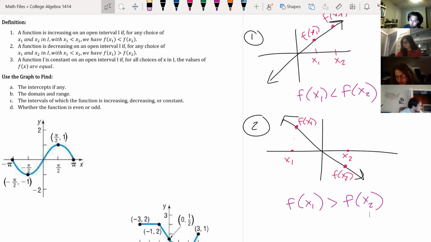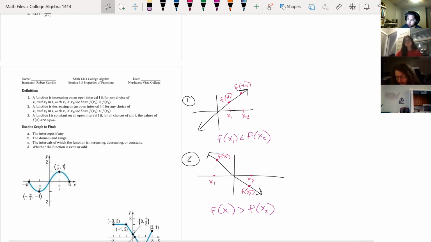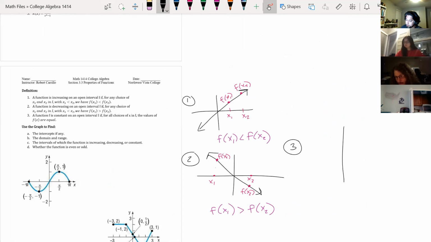And the last one is about constant. A function is constant on an open interval for all choices of x if the values of y are equal. So for number 3, you would have just a horizontal line.